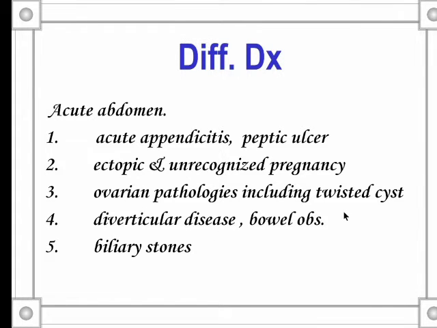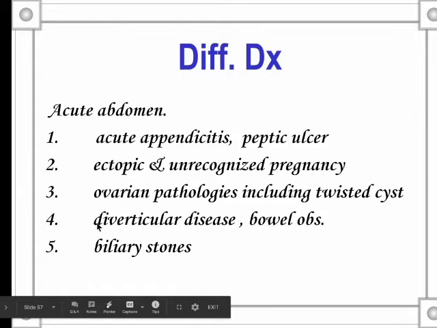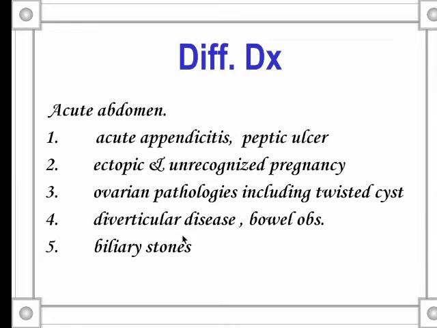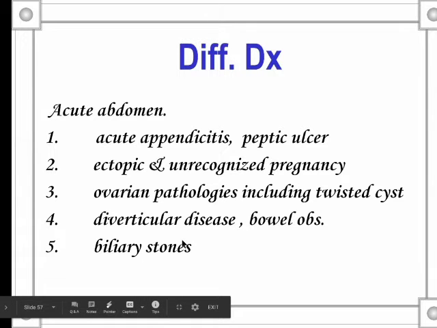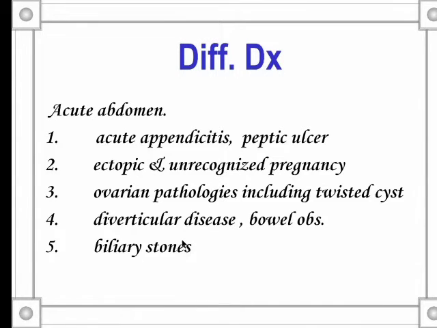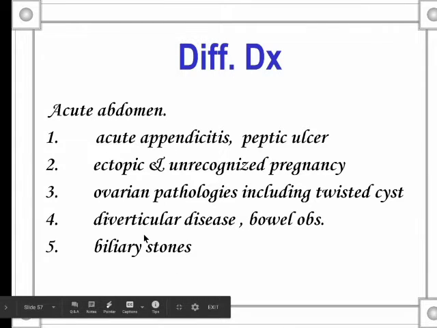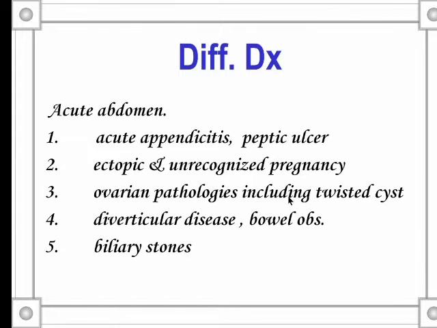Intestinal obstruction, gallstone disease, sometimes biliary colic may be there, having pain in the right side. Symptoms wise it will be different, clinical exam will be different. But pain can be due to appendicitis, peptic ulcer, biliary stones, in females ectopic pregnancy, unrecognized pregnancy, ovarian pathologies. In both males and females, diverticulitis, bowel obstruction.